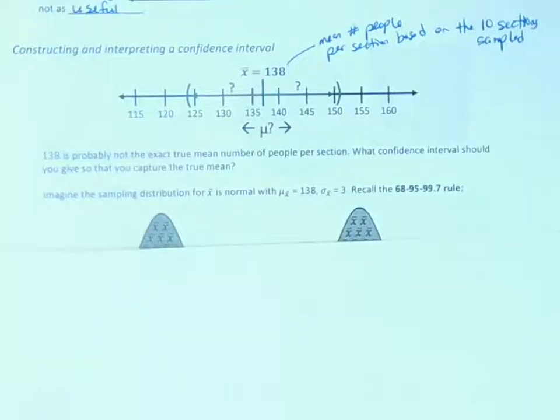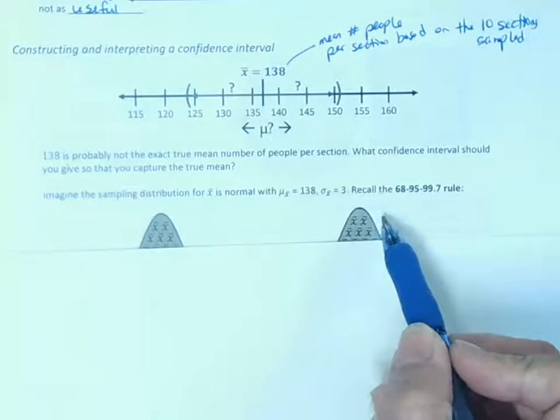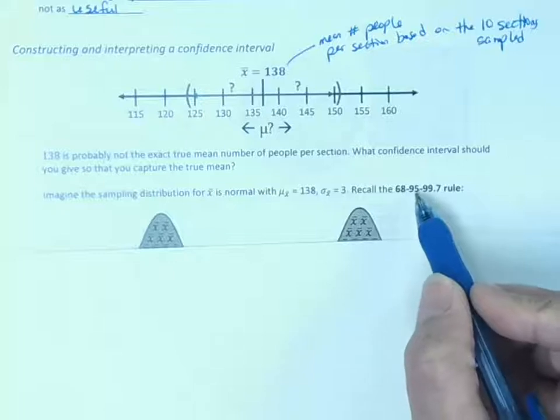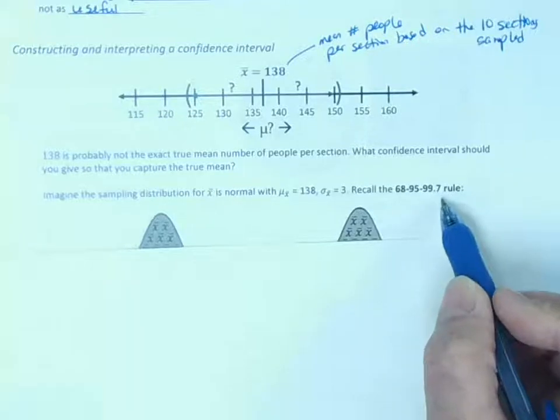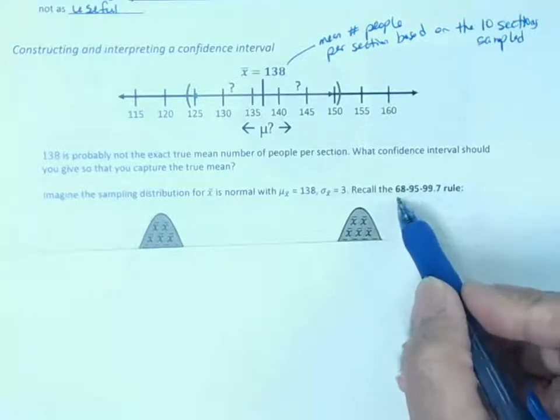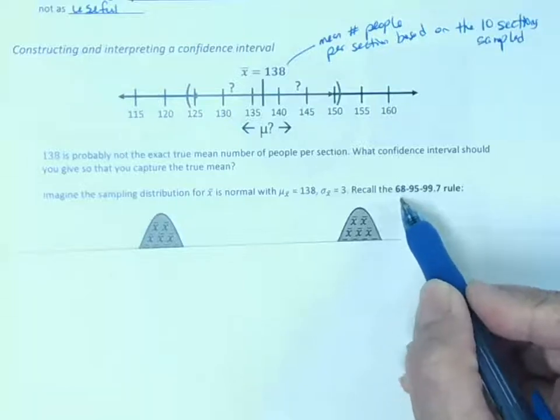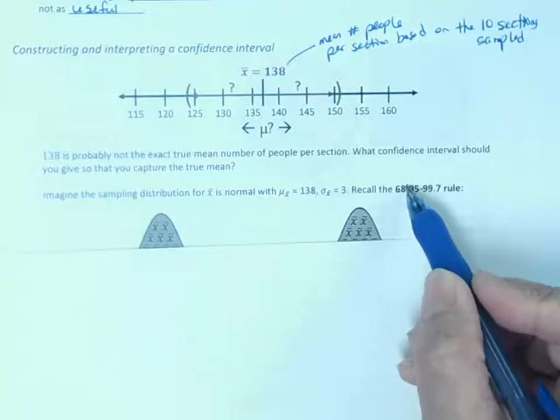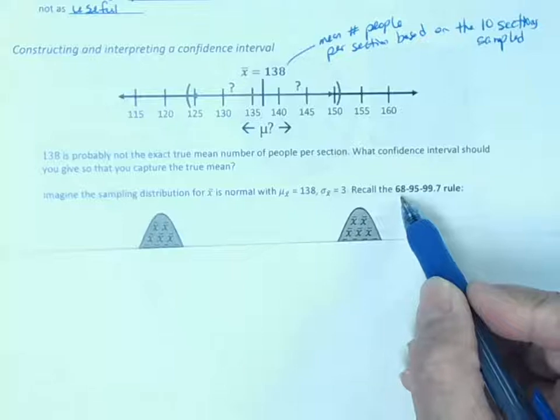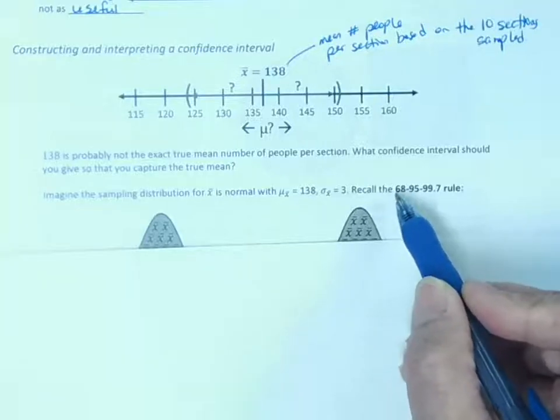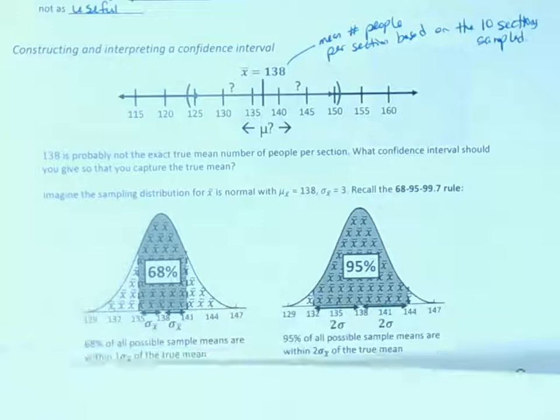So let's think back to that 68, 95, 99.7 rule. If you remember, 68 represented that 68% of our values are found within one standard deviation of the mean. So the mean minus one standard deviation and the mean plus one standard deviation.